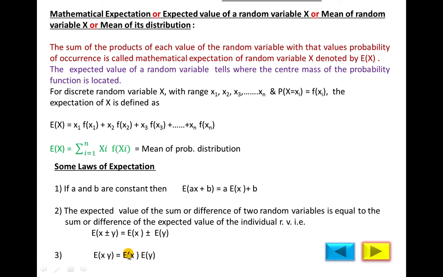But the mean of two variables is not included in your syllabus. In frequency distribution and probability distribution this is also called bivariate distribution. So bivariate distribution is not included for mean, median, mode, standard deviation and probability. So the second and third laws are not included in your syllabus.